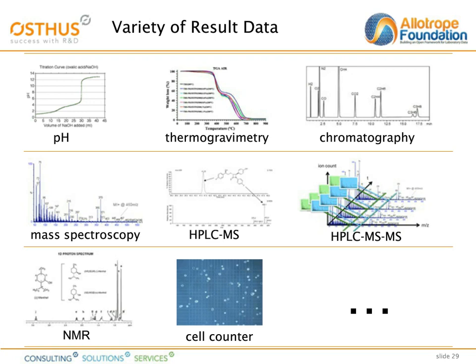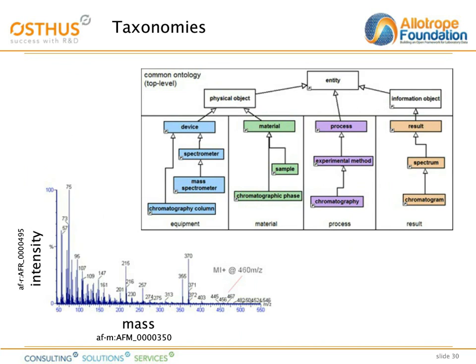The solution to this problem was first the creation of the consortium, the Allotrope Foundation, to create a common standard for the pharmaceutical industry. Technically, this meant firstly creating a shared vocabulary, and we are doing that by defining 4 different domain taxonomies on equipment, material, processes, and results.